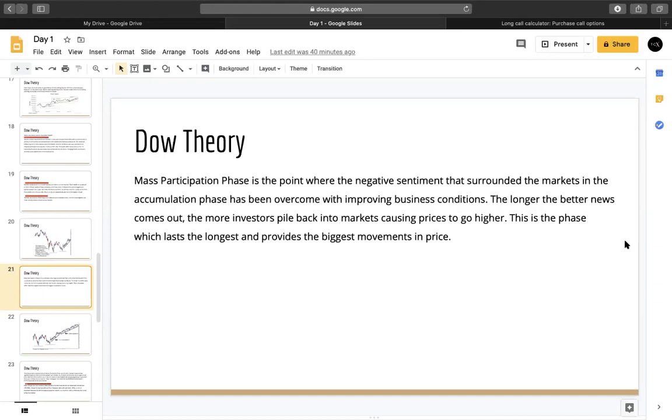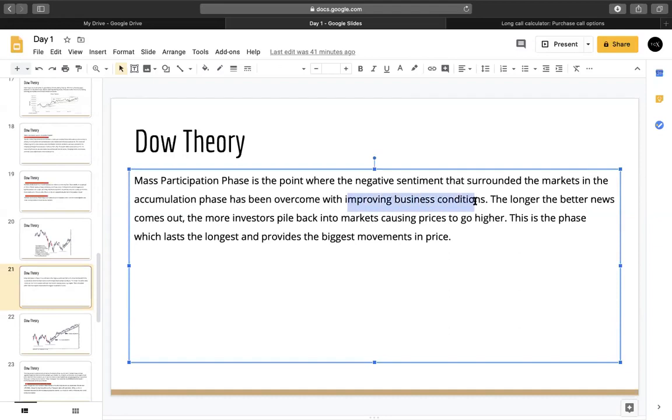Do you think we're already at that mass participation phase yet? No, I don't think so either, right? Because it says the mass participation phase is the point where the negative sentiment that surrounded the markets in the accumulation phase has been overcome with improving business conditions, right?